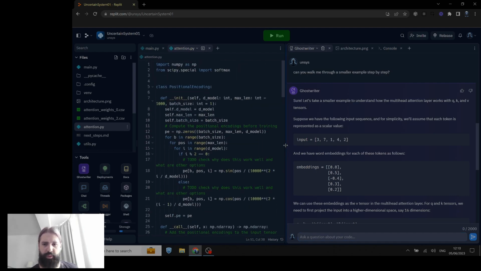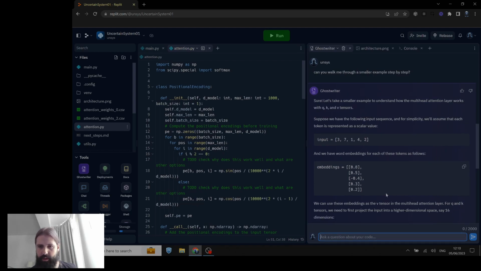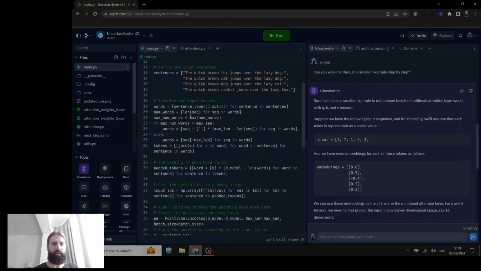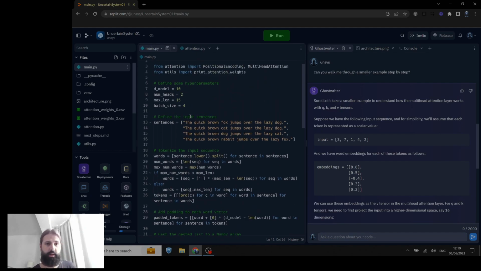I thought the tokens were already the embeddings. So we have an input sequence, and we assume each token is a scalar value. In our case, each token is a d_model array, 10 dimensions.